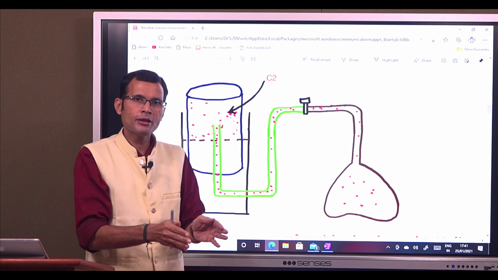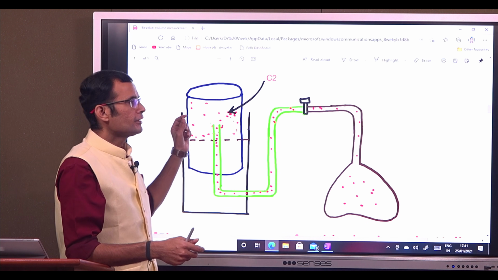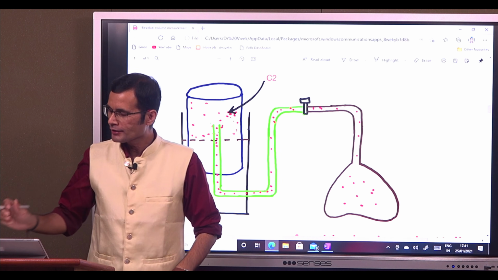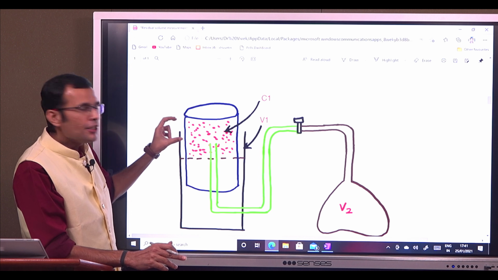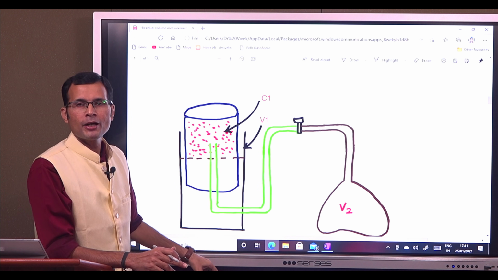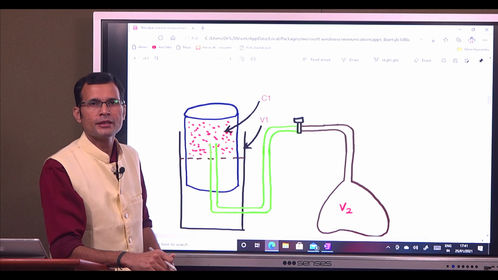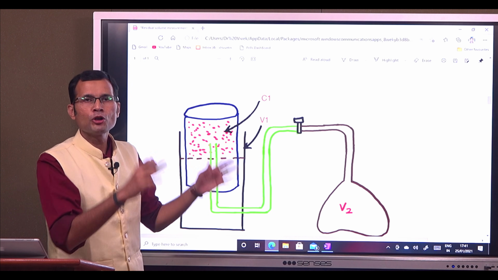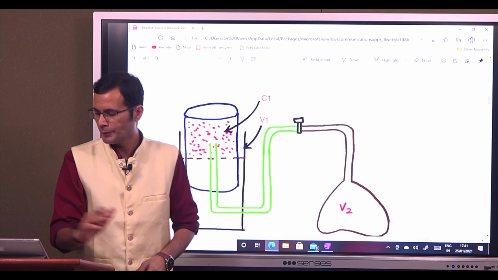Remember, C1V1 is equal to C2V2. C2 is the final helium concentration. As you can see in the diagram, there was the initial helium concentration in the spirometer and the volume of the spirometer. Let's take some hypothetical values. C1, let's say 10%, and V1, volume of the spirometer, let's say 2 liters in which the C1 was placed.